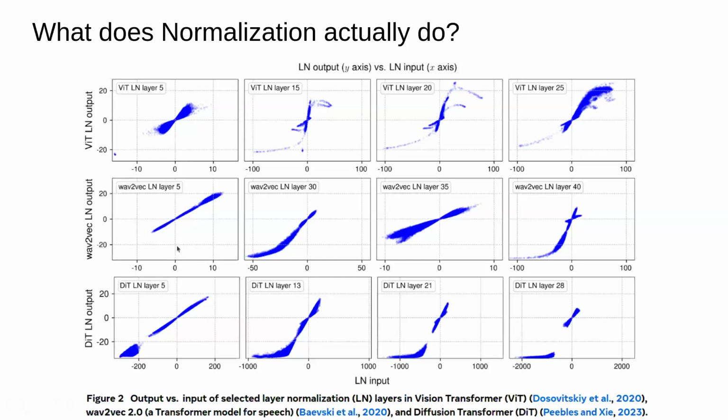So these are just a bunch of sample points. And you can see here that in the early layers, especially, it's pretty much linear. So it's like a linear transformation. But then in the later layers, and it also depends on the type of transformer. So here for the vision transformer, you can see it very much. This has this kind of shape, so like an S shape.